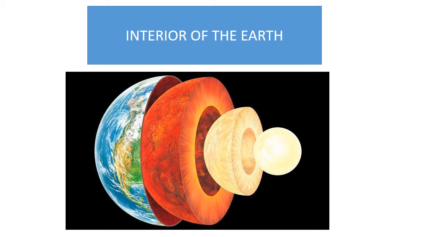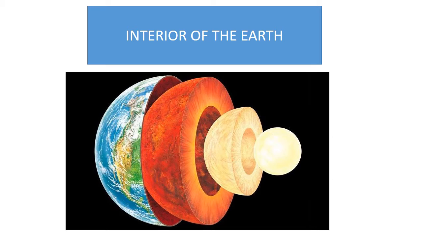It cooled down as it rotated around itself. Children, in 7th standard, you have come to know about the rotation and the revolution of earth. The earth revolves around the sun. At the same time, the earth rotates around its own axis.